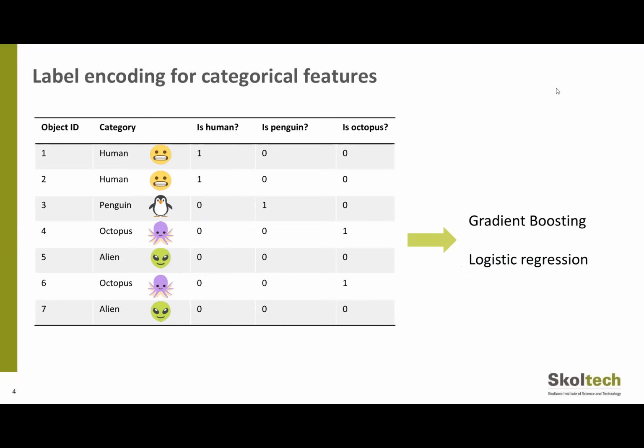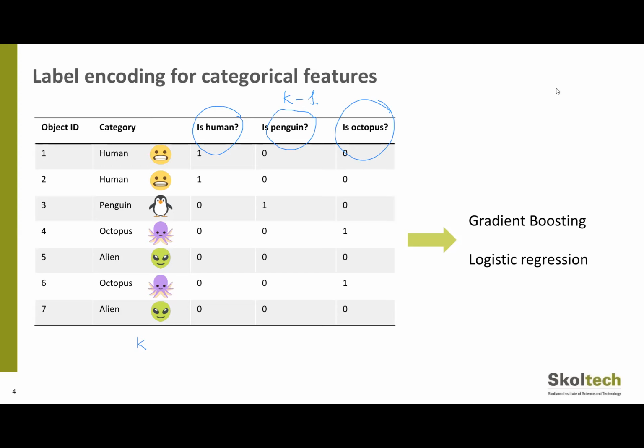One-hot encoding, for example, is based on binary variables for each of the categories. We have a specific feature for each question: is this person a human, a penguin, an octopus? We have these binary variables, and their number equals k minus 1 when we have k categories in total, because if we have all values of these features but one, we can infer the value of the last one.